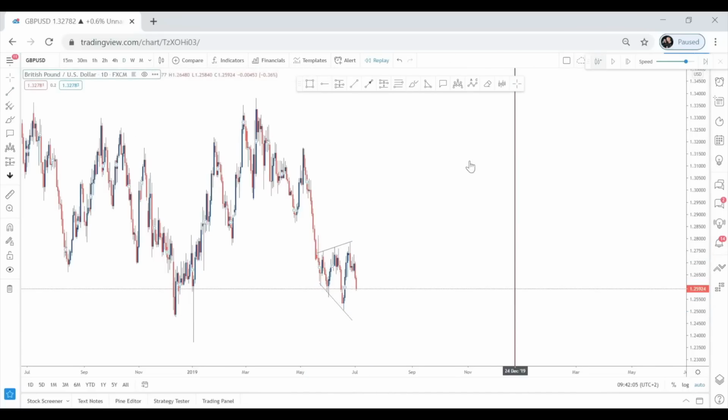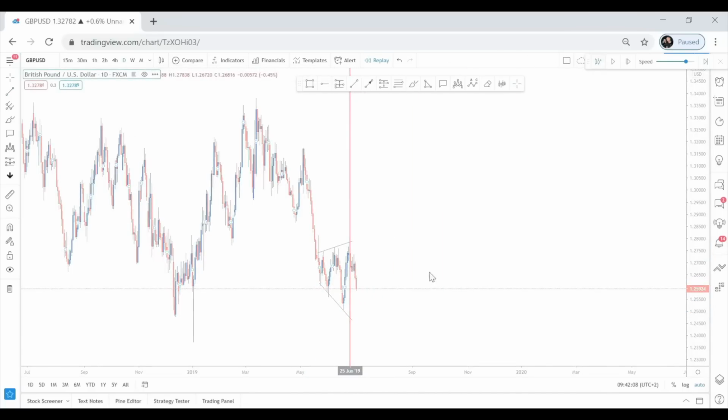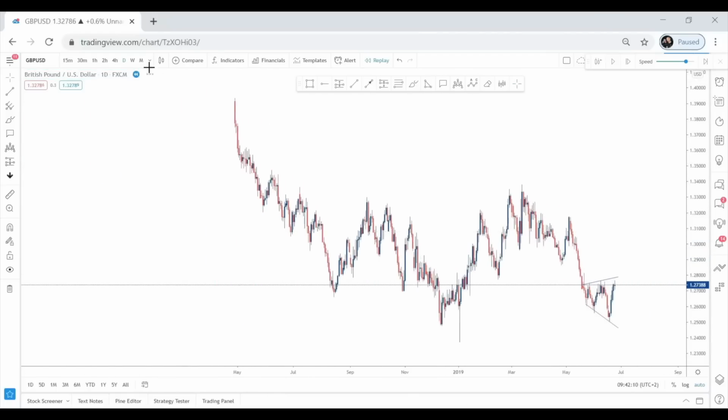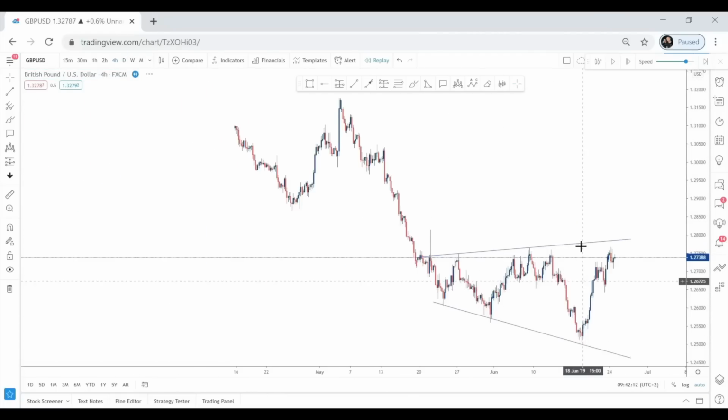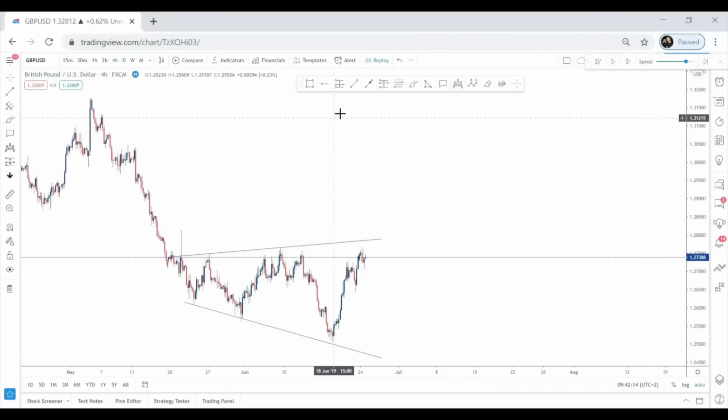Let's just take it a bit back right there. This was support. So let's drop it to a 4-hour time frame. If we drop to a lower time frame, you're going to see, as I said, the nature of it will have a push to the downside, start small but already creating a bigger version of a pattern. So this was a bigger version of a pattern, but within there we're experiencing patterns. This was pattern number 1, which is a rising wedge.